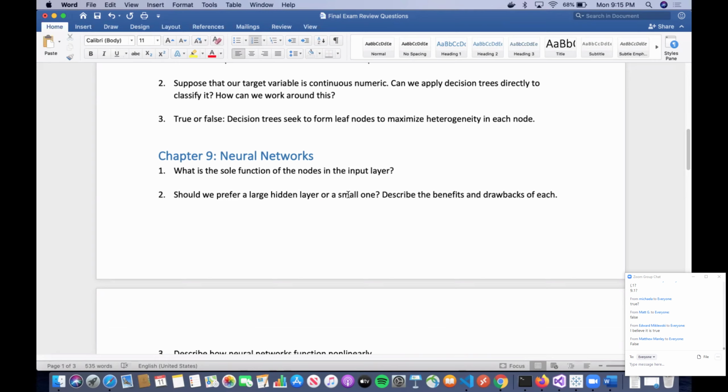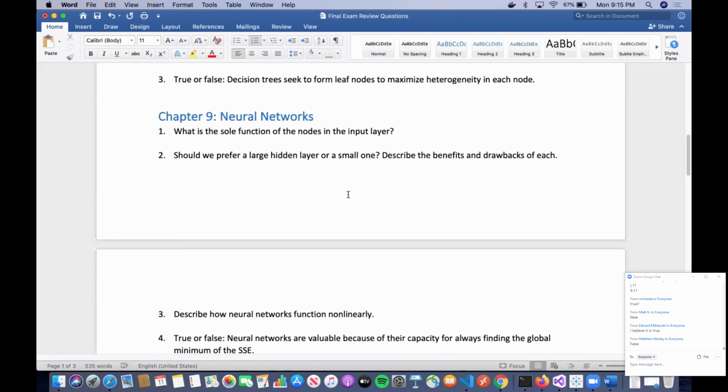If you look in chapter 9, you'll see the diagram where you have the data coming in, and when it comes in, it comes through the input layer, and nothing is really done. All the input layer does is accept the data from the input variables and pass that data directly to the nodes in the hidden layer.